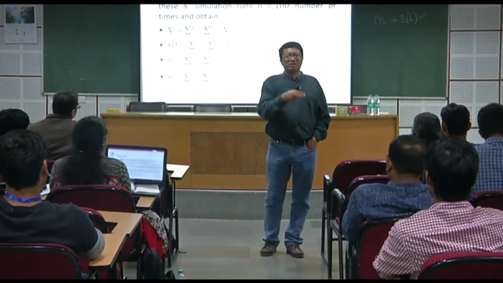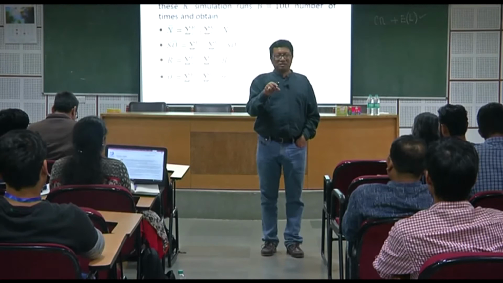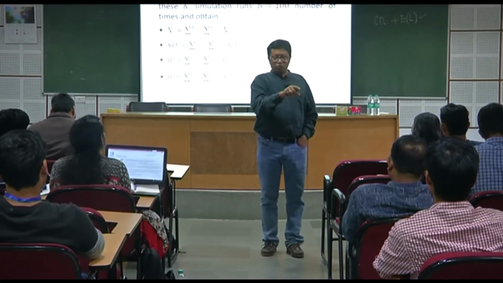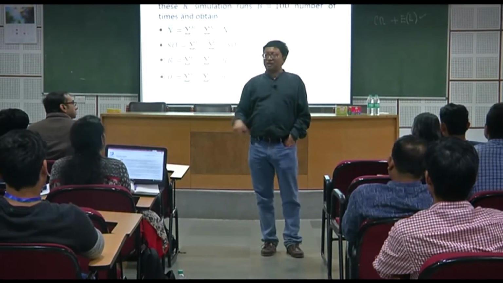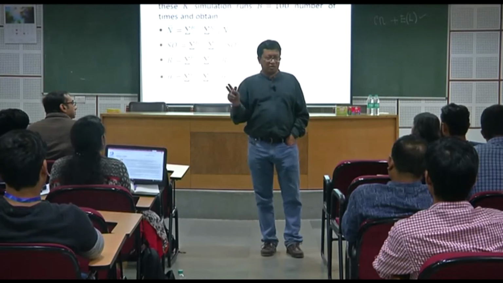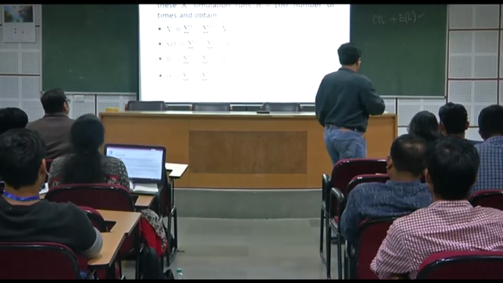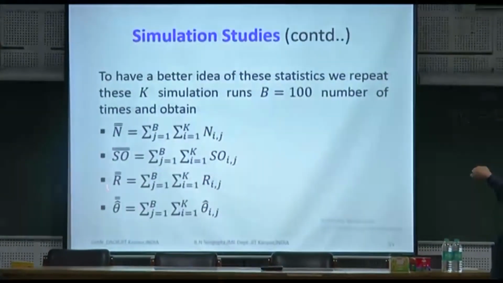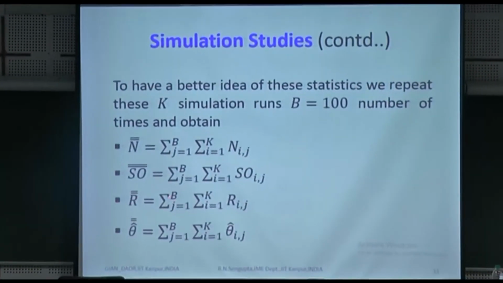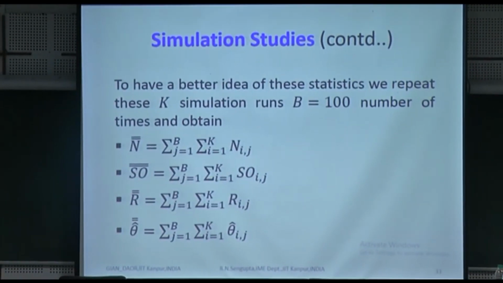I am going in a cyclic way: consider W, find out the risk, and then come back and compare with W. That's all, nothing else. This is the risk value which I will get through the simulations, and I compare it with my value of W. I'll skip this for the time being.